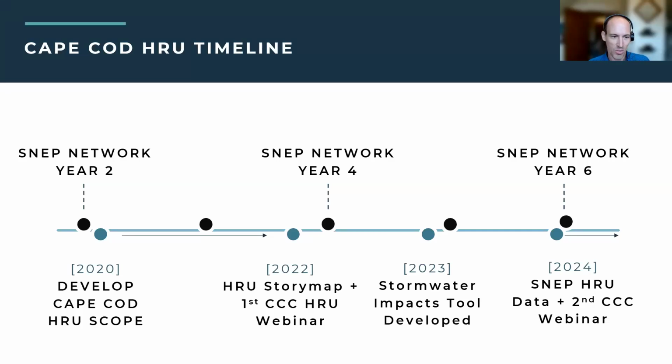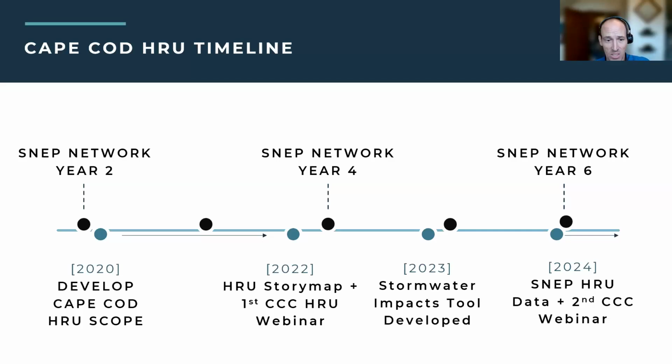If you look at the left side of this timeline, we came up with this initial scope for doing HRUs on Cape Cod back in 2020, which was at the beginning of year 2 of the SNEP network, and did a lot of work figuring out the mechanics of how we were going to do this.